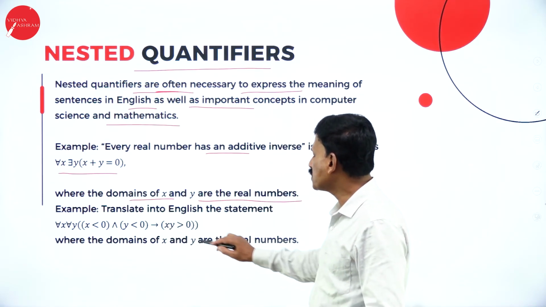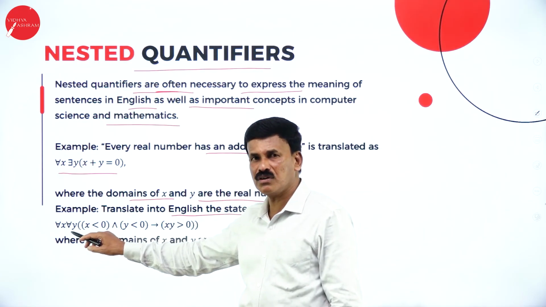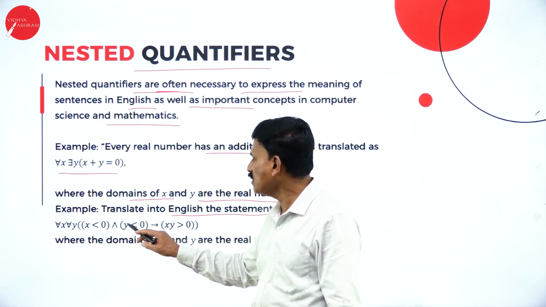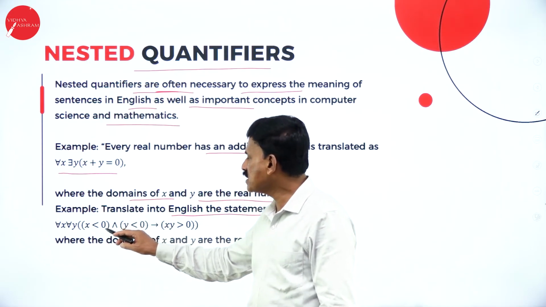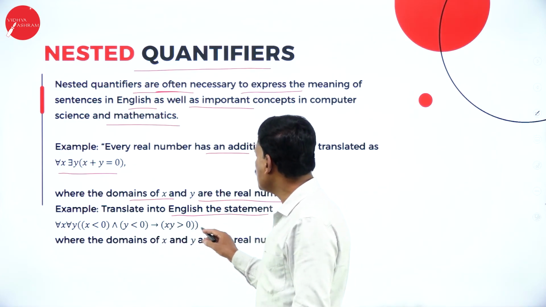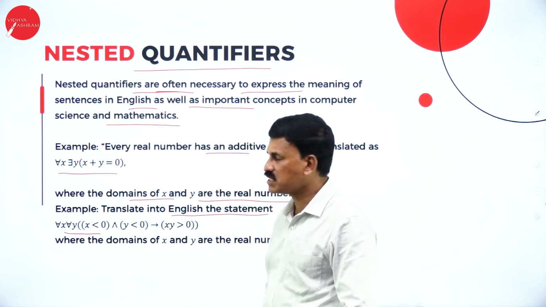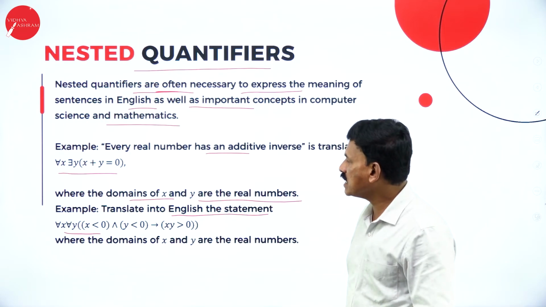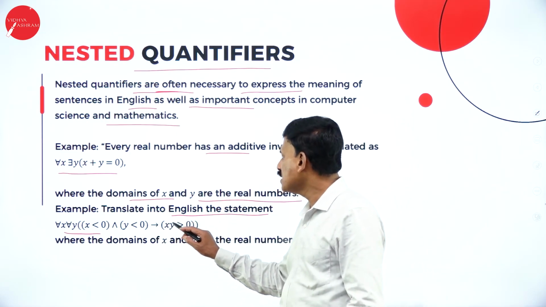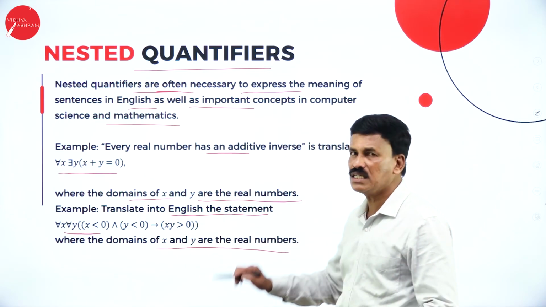Similarly, to translate the English statement: for all x, for all y, if x is less than 0 and y is less than 0, then xy is greater than 0, where the domain of x and y are the real numbers.